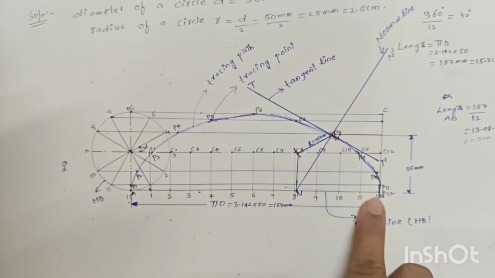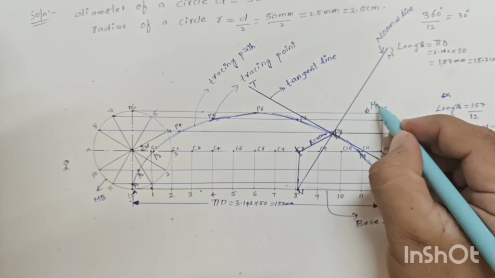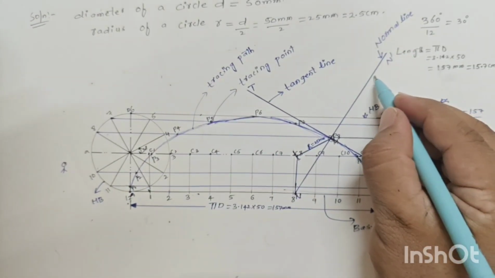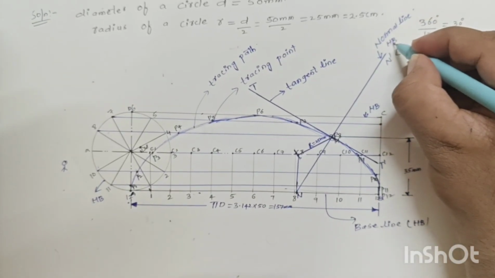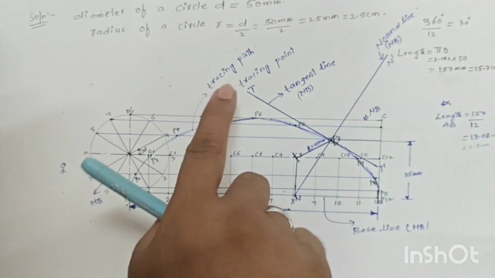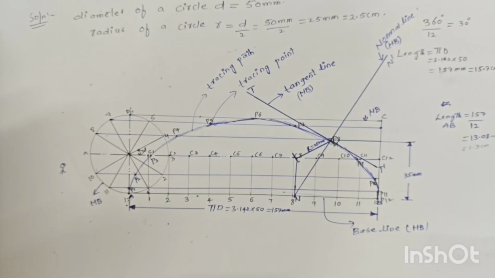D to C also HB. Is it right? Normal and tangent always we have to use HB pencil. For the normal line, HB pencil. For the tangent line, HB pencil. Clear?